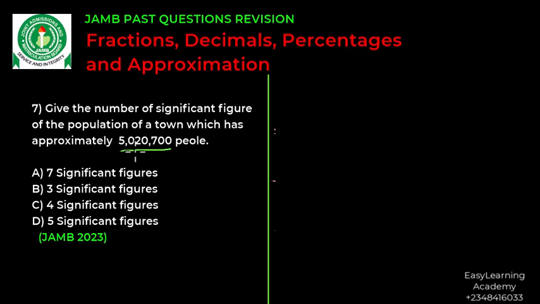Now if at all we were given this number, let me write it like we're given 5 million, assuming it was 5 million, 20,000, and not 700 this time around, but let's say 725, assuming it was something like this.